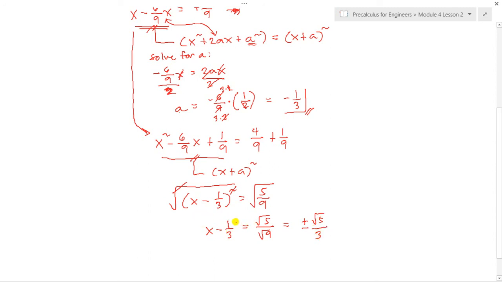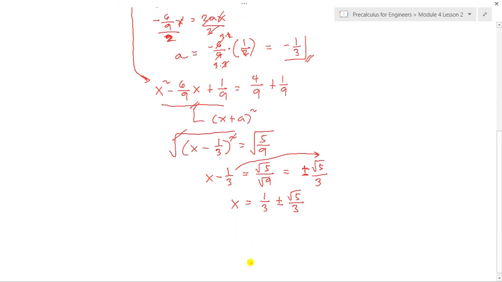Then, transpose this negative 1/3 on the other side. So again class, meron itong positive and negative ha, kasi nag-involve na sila ng square root. So dalawa yung solution. So here we now have x is equal to 1/3 plus or minus square root of 5 all over 3. So we have two solutions here.